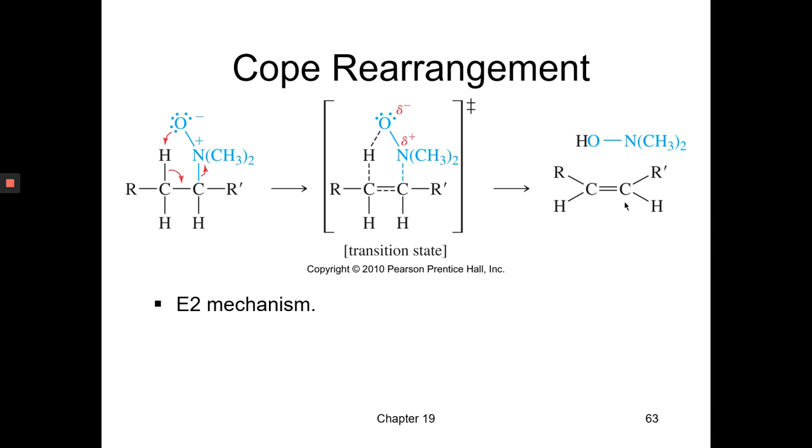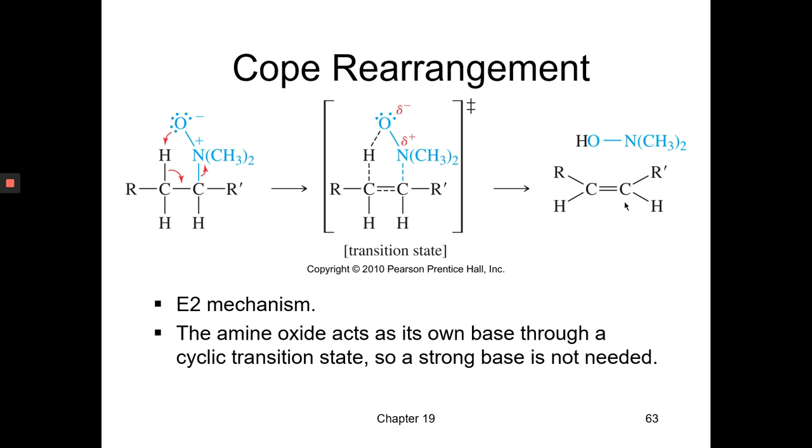Okay, this is an E2 mechanism, and just like with the Hoffman elimination, this will favor the least substituted alkene.